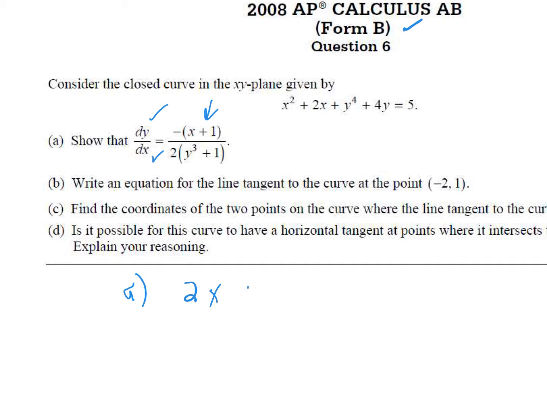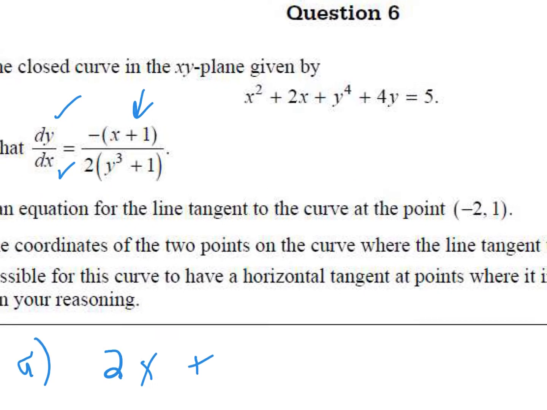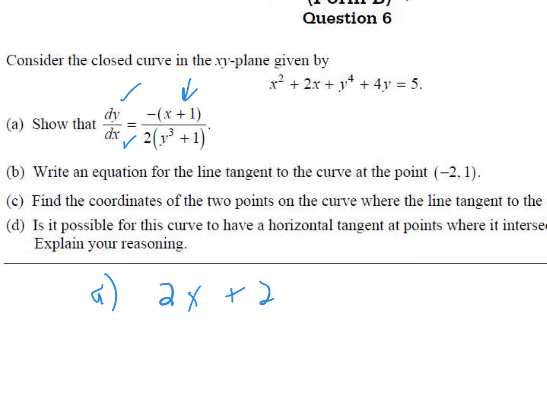Now plus the 2, when I do the y, it is 4y cubed. But I always have to end it with dy/dx, because the derivative with respect to x of y is dy/dx, whereas the derivative with respect to x of x just cancels out, so we tend not to put that there. But for the y's I have to. That's what I'm solving for anyway.